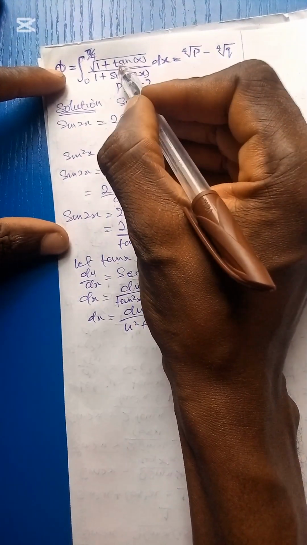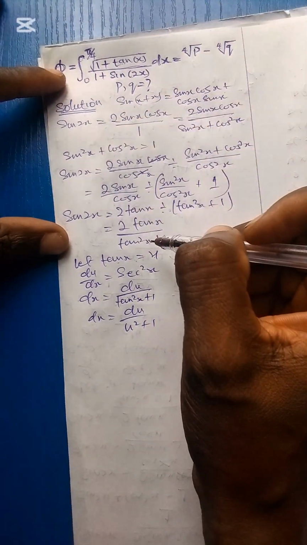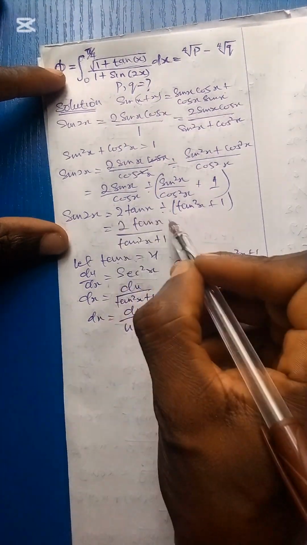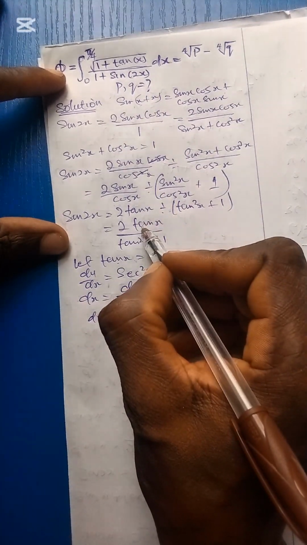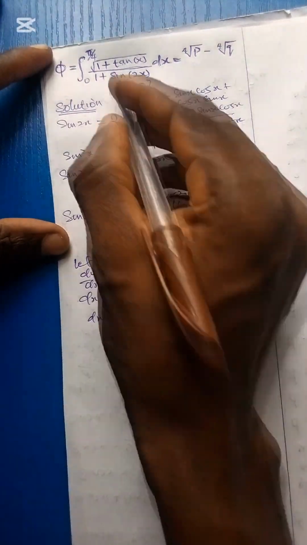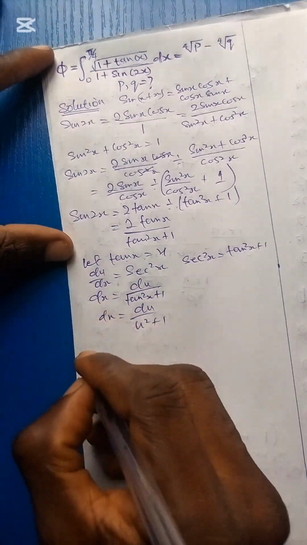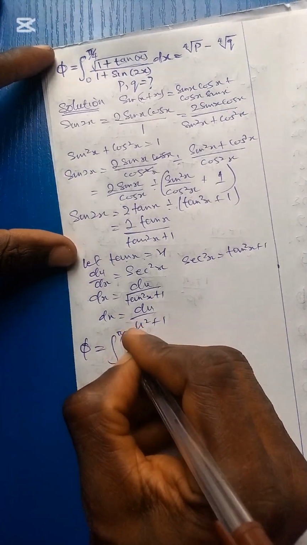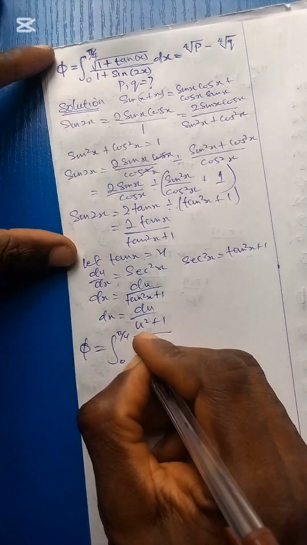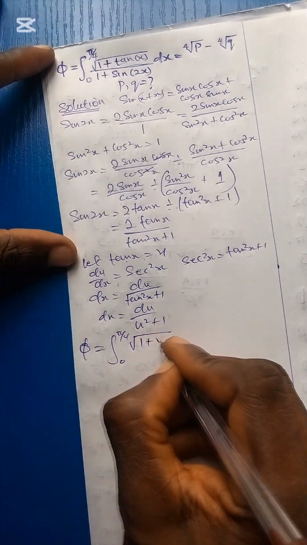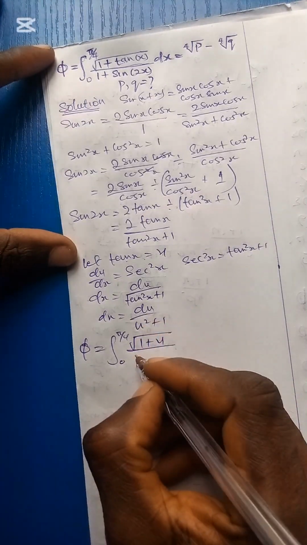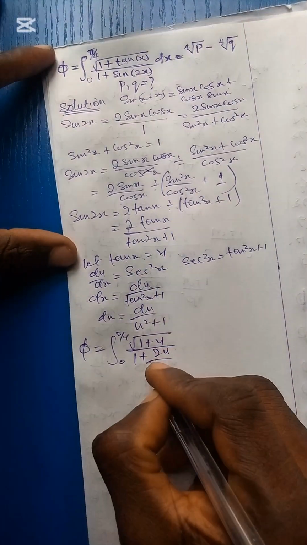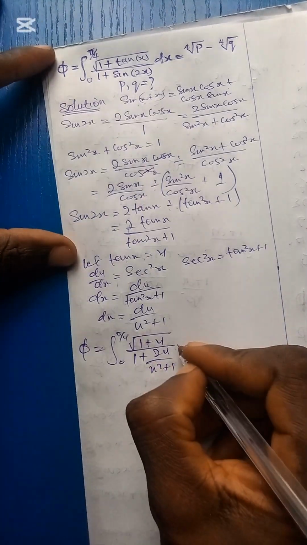Now where I have my tan x, I'll put u there, and then rewrite this one as this, whereas our u is tan x. So writing this integrand, we'll have phi equals the integration from 0 to pi over 4 of the square root of 1 plus u all over, now 1 plus this becomes 2u over u squared plus 1.